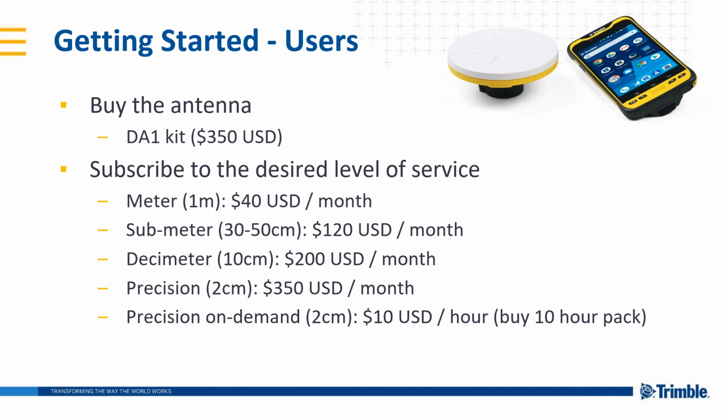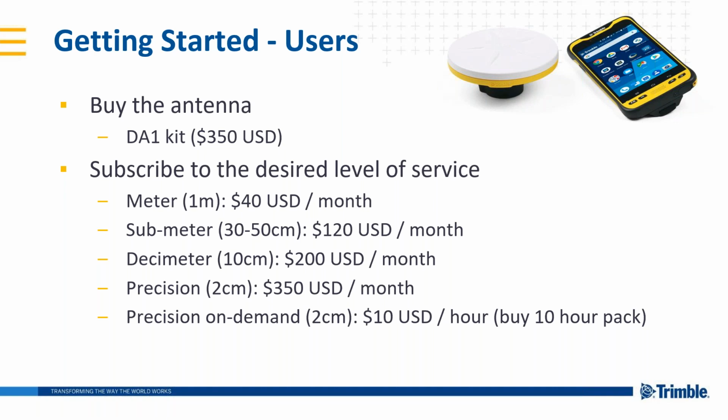So you need to buy the antenna kit, which is in that 350 USD range, and then you need to decide what level of subscription or what level of service meets your needs. So you can get started for as little as $40 a month, and then there are some different accuracy levels for the prices that are shown on the slide.